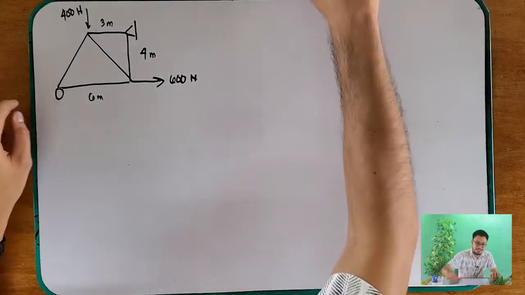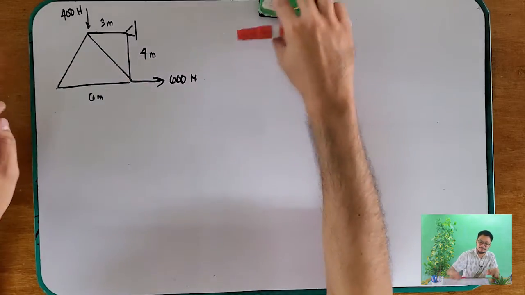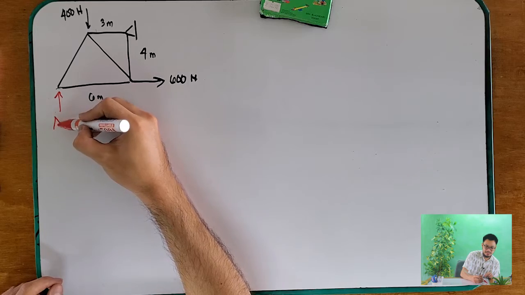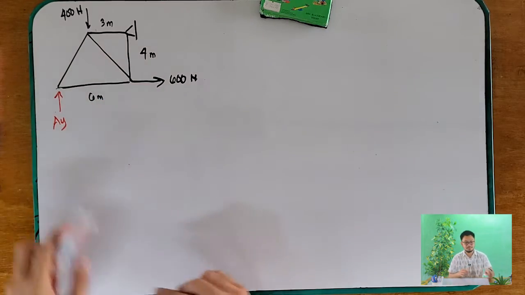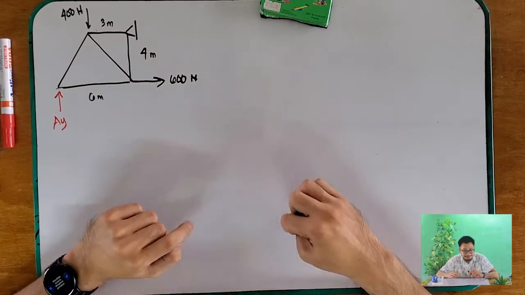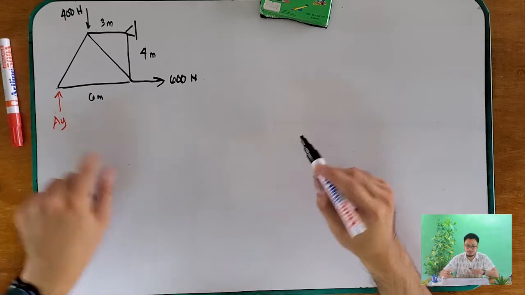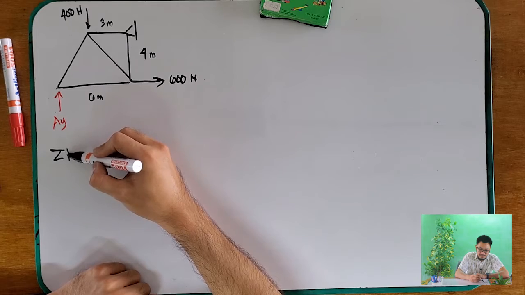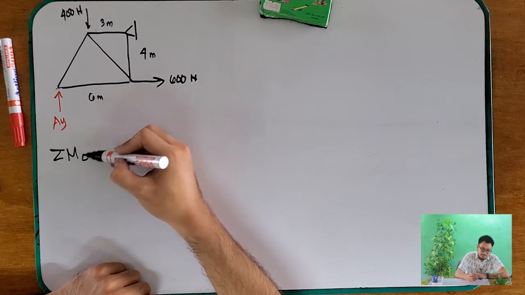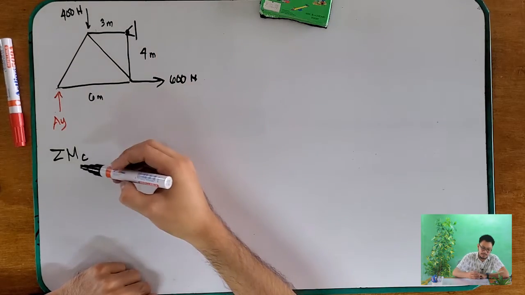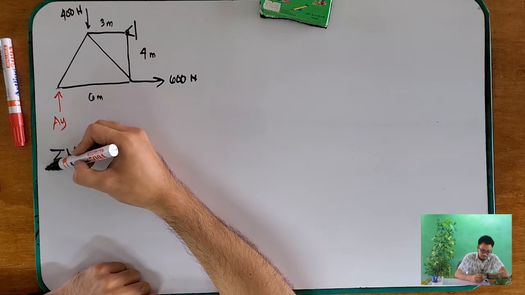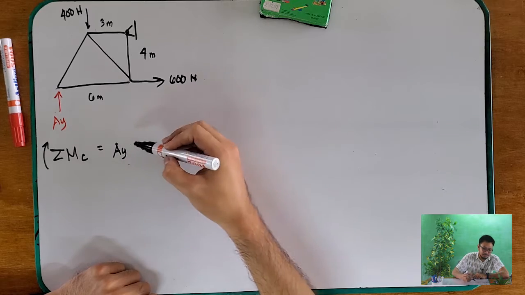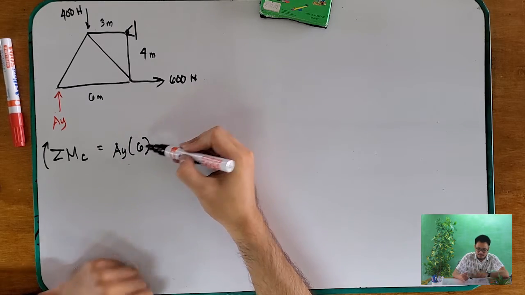But before I can use joint A as my first joint, we should first identify what is the unknown force on your AY. And to solve for your AY, you have to take summation of moments at point C, which is this one. Okay. And then, equals to AY times 6, because this is 6.